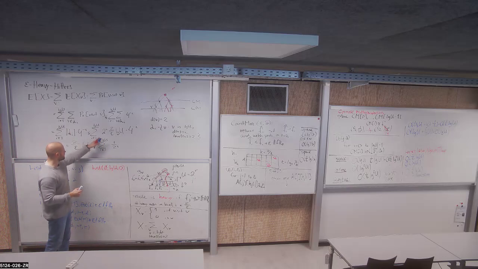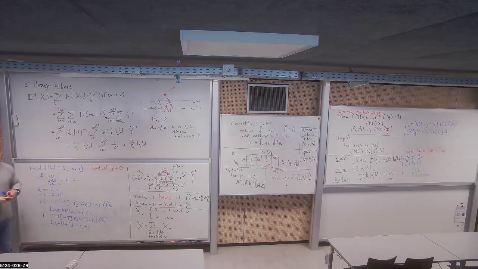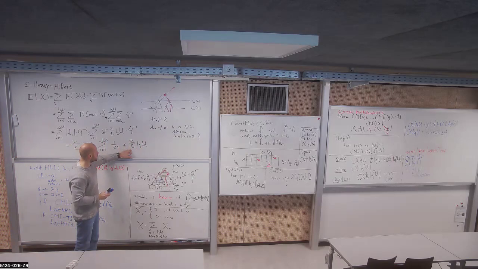So this sum is at most 1. So we have just shown that the expected number of light nodes that we visit is at most 2 over epsilon log U.